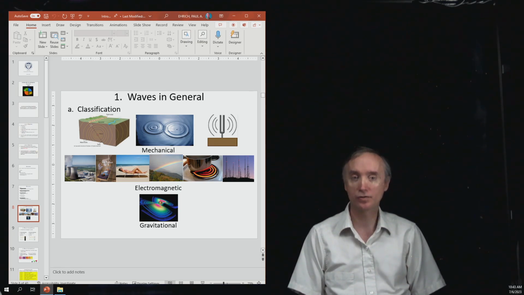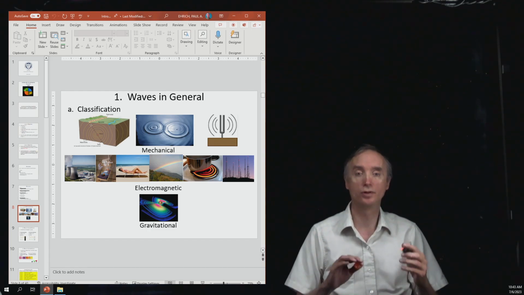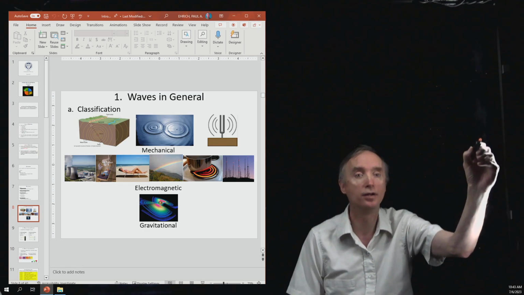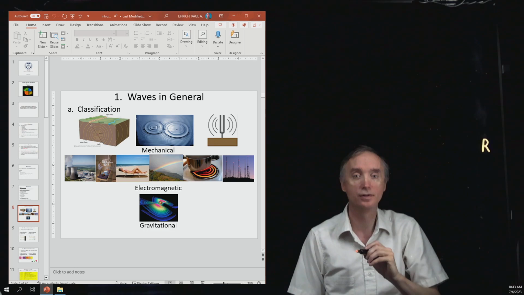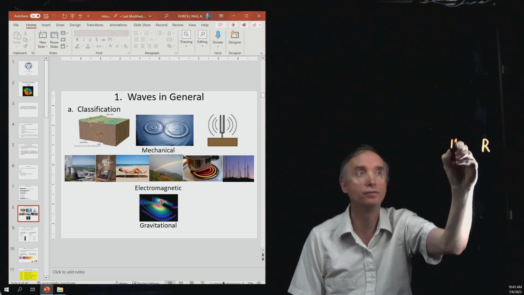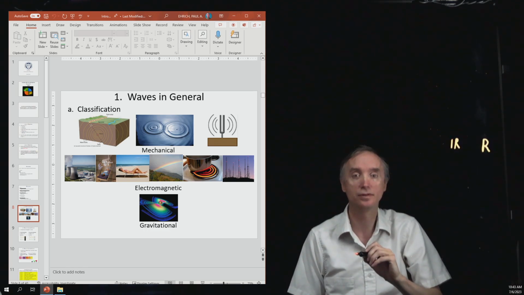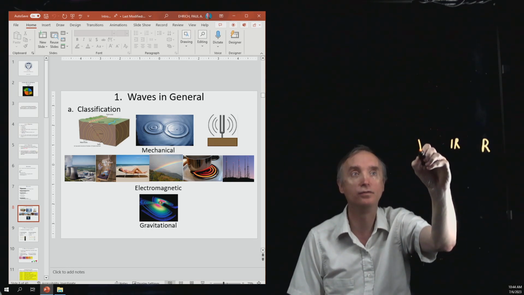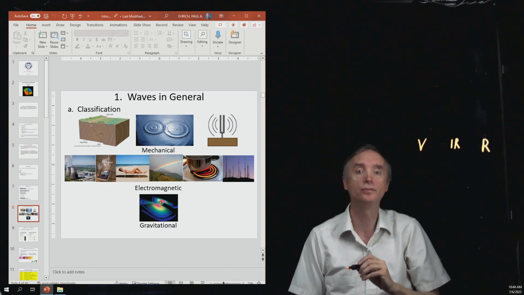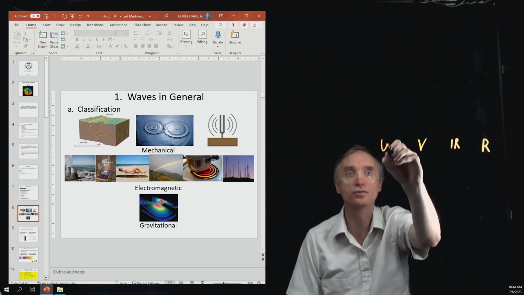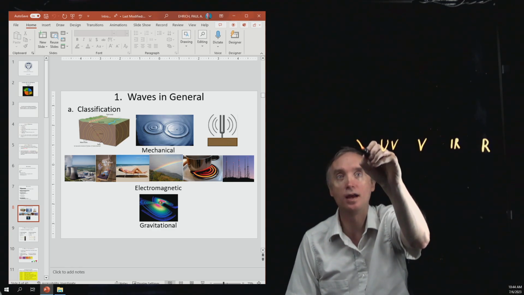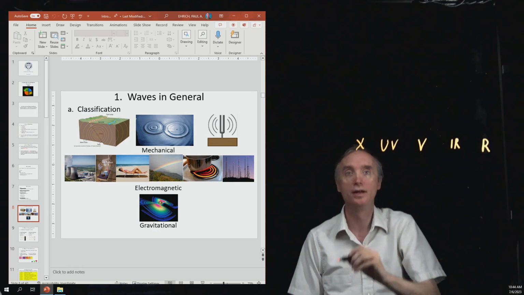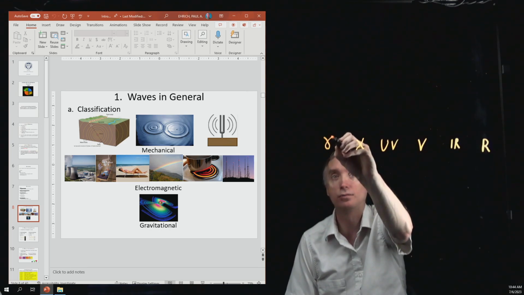But then you have electromagnetic waves. Later we'll talk more in detail about what this is, but on this side over here, we're going to say these are the radio waves, and then next to them are the infrared, which is heat, and then next to that is the visible part of the spectrum, and then the ultraviolet, and then the X-ray, and then the gamma ray.